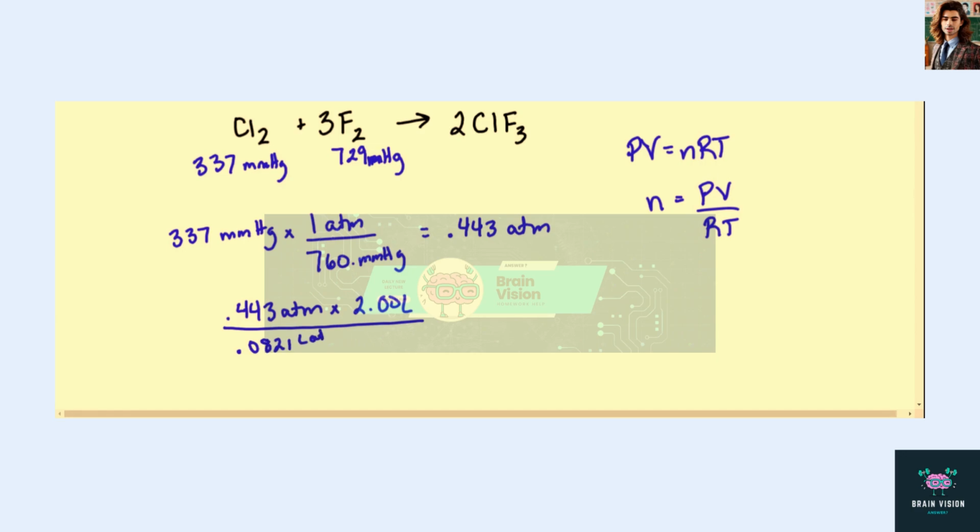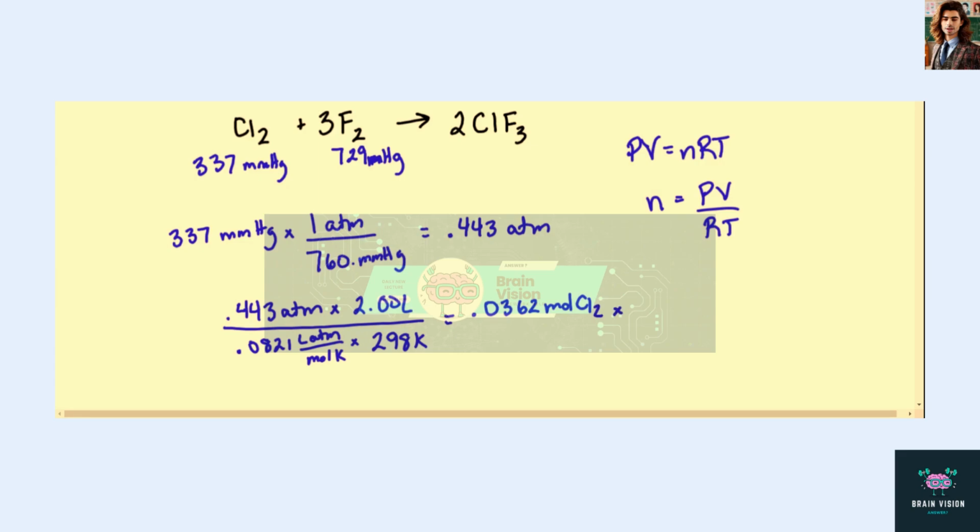The unit for that is liters, atmospheres per mole K. Very annoying unit. And then we're going to also be dividing here by 298 Kelvin. So plugging that in, we are going to get 0.0362 moles of Cl2.